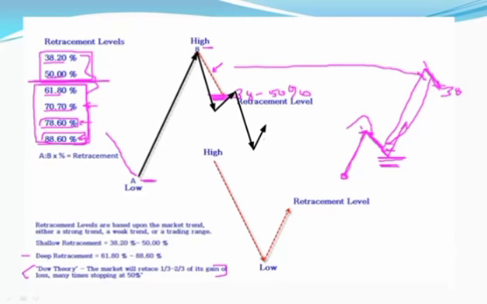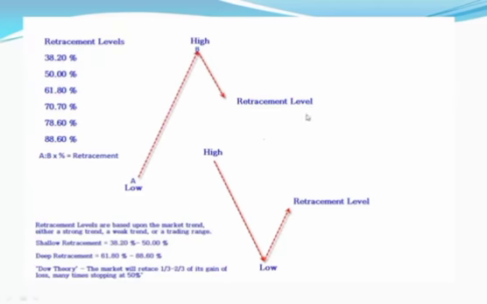That would be considered a deeper retracement as opposed to a shallow retracement on the first move down. And basically we have it all marked off over here. So that's a retracement in a trend.